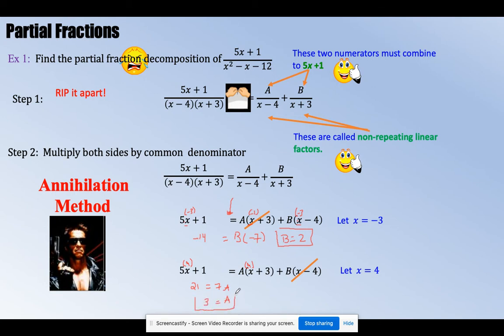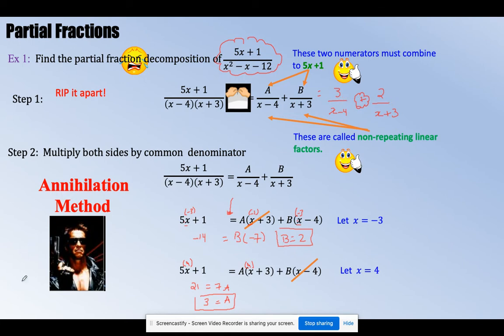Thanks, Arnold. Because notice what I've done. I have successfully decomposed this fraction into a sum of its parts.